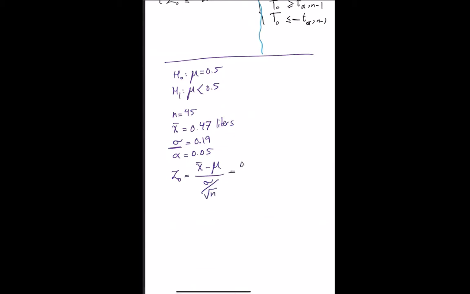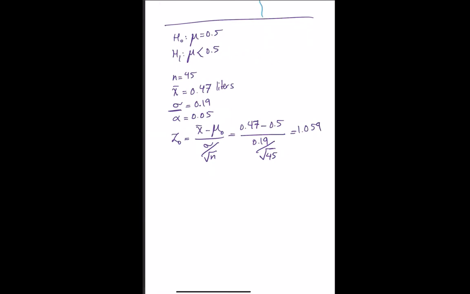X bar is 0.47 minus mu naught, which is 0.5, divided by 0.19 over square root of 45. And when we do the calculation, this number is going to be 1.059.